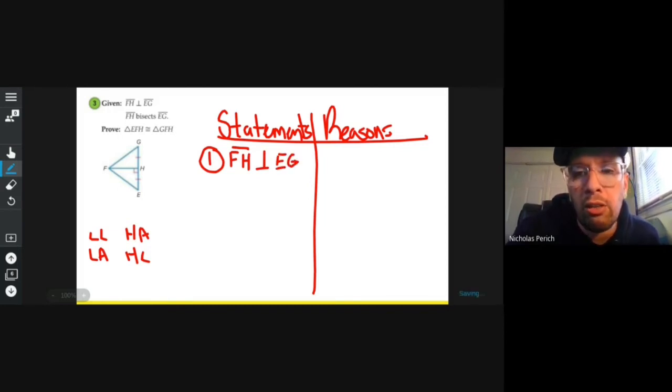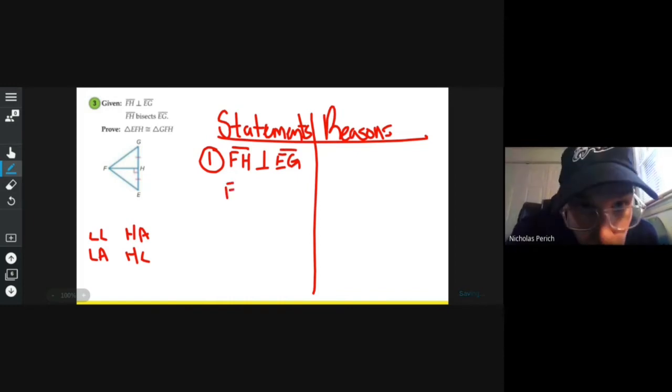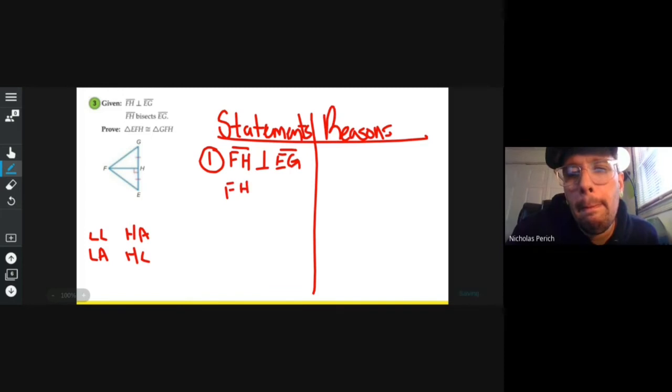The next line is the bisect one. FH bisects EG.